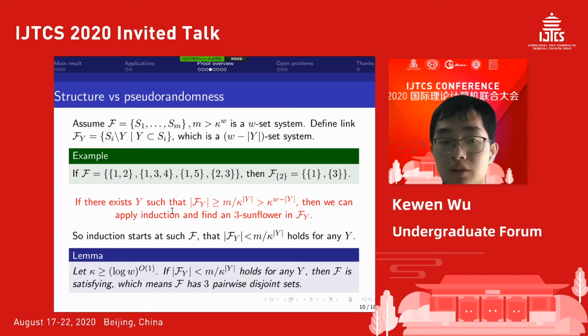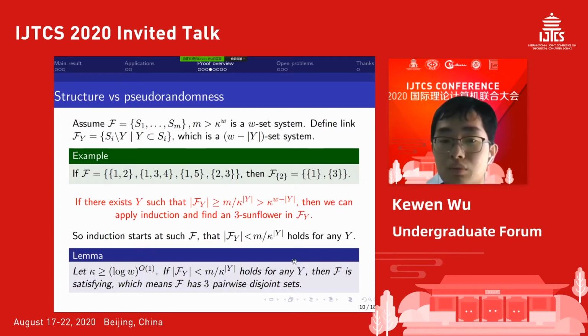So our induction starts as such: F is pseudorandom. By pseudorandom, I mean the size of F_Y is at most M divided by kappa to the size of Y, and this holds for any set Y. And we indeed prove the following lemma. Assume kappa is some parameter greater than log W to the constant, and you can think of this constant as 2 or 3.